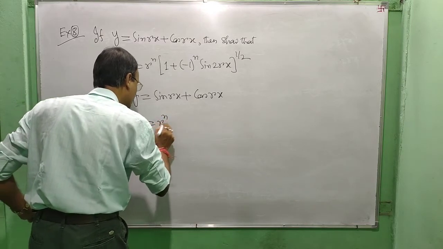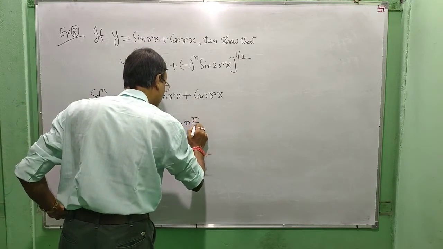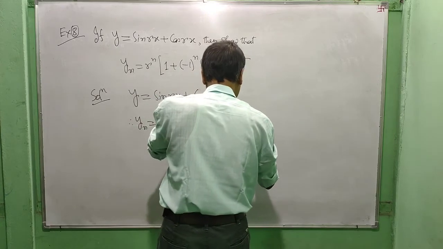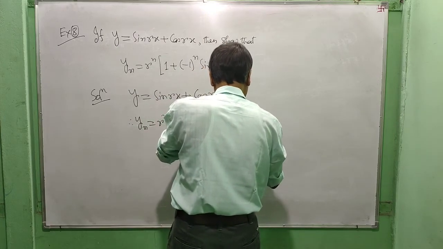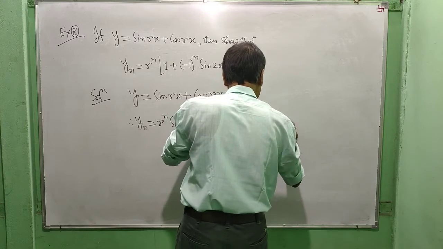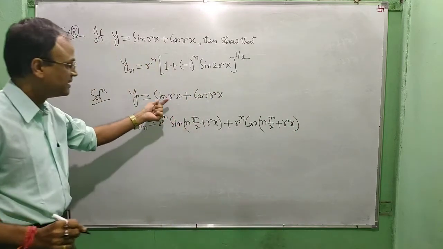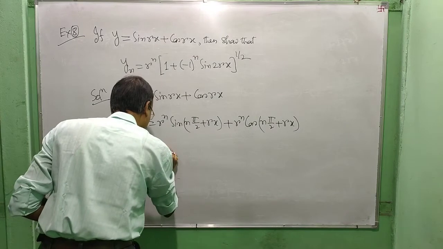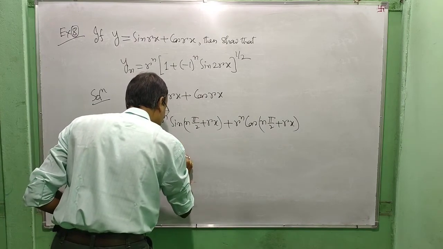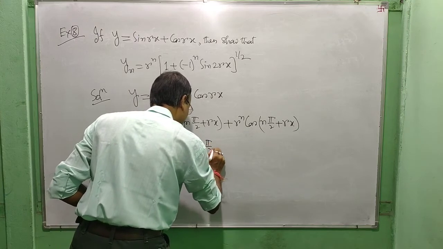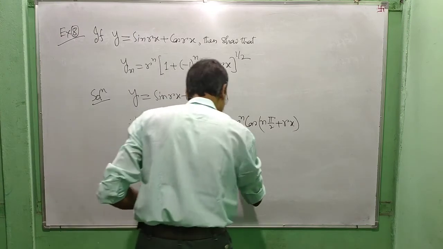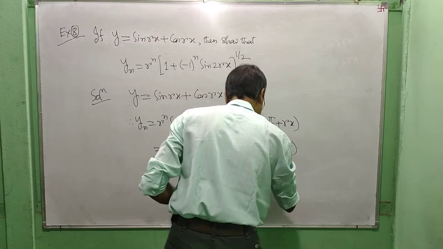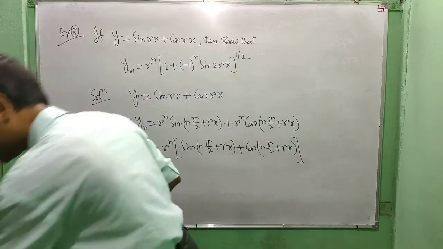This is equal to r to the power n [sin(n pi by 2 plus Rx) plus cos(n pi by 2 plus Rx)].